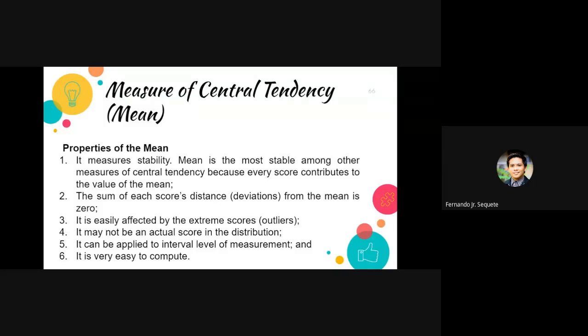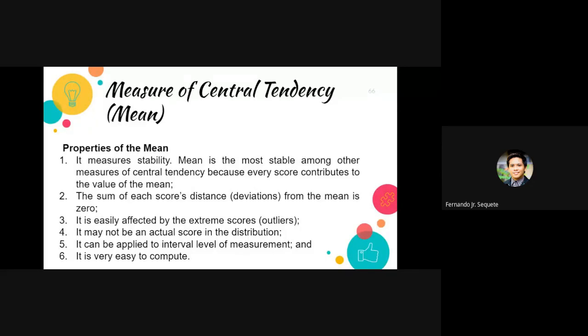According to the properties of the mean, it measures stability. Children, the mean is the most stable among the other measures of central tendency because every score contributes to the value of the mean. Each score could affect the value of the mean.